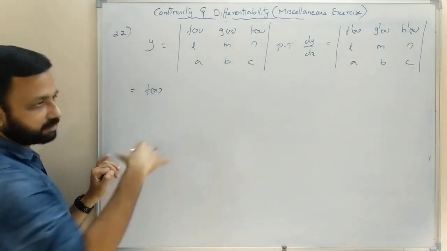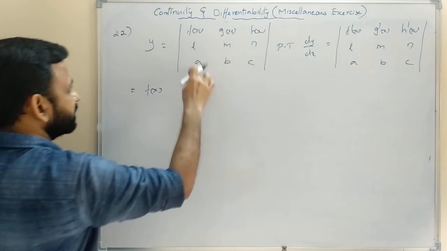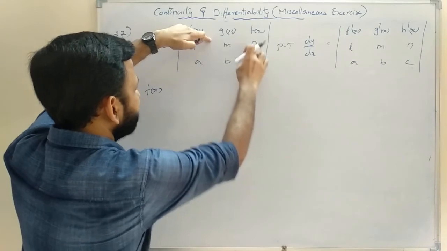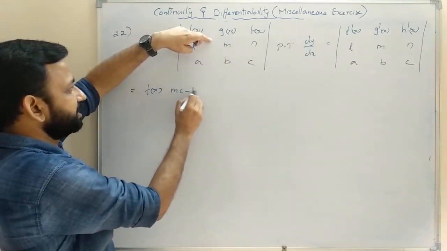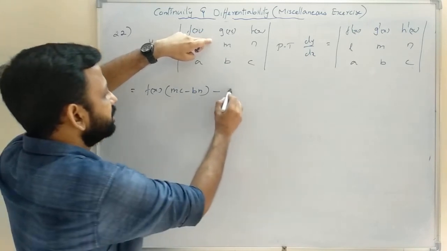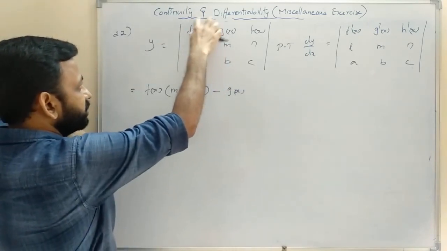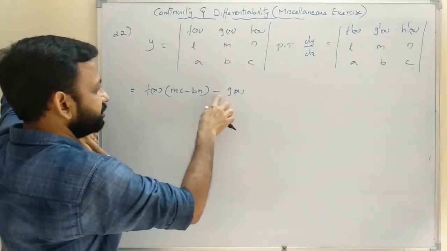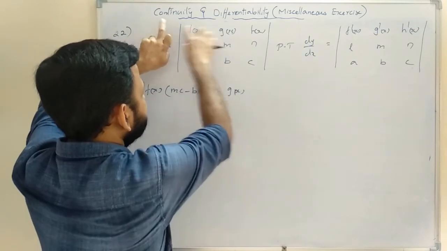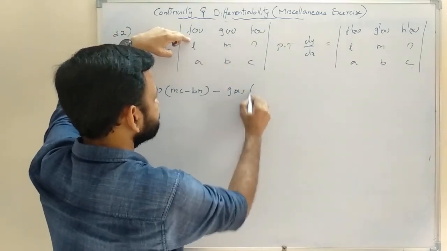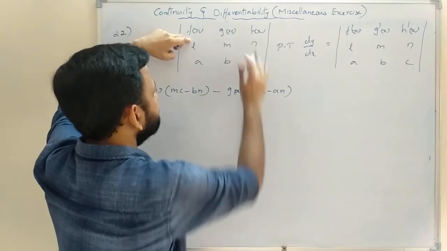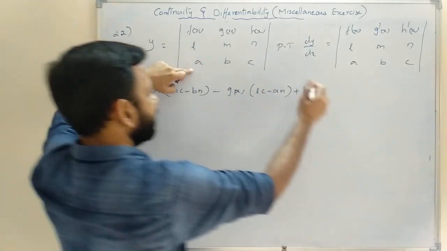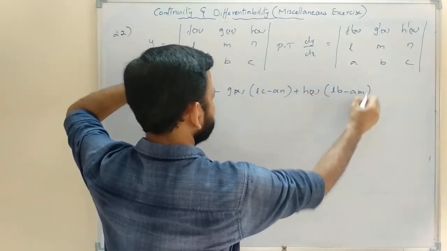We already learned this in the determinants chapter. f of x into (mc minus bn), minus g of x into (lc minus an), then again plus h of x into (lb minus am). The signs alternate: positive, negative, positive.